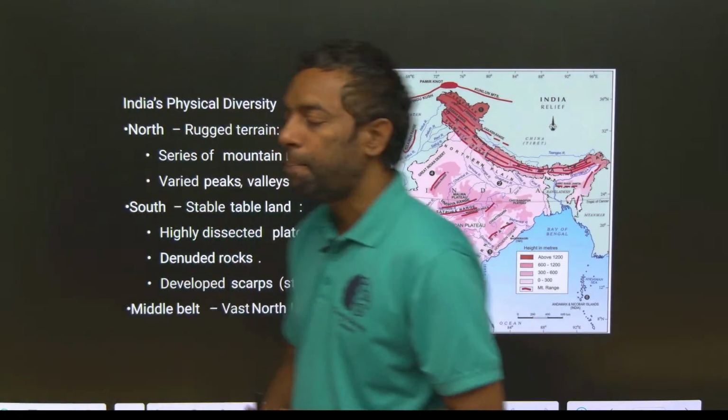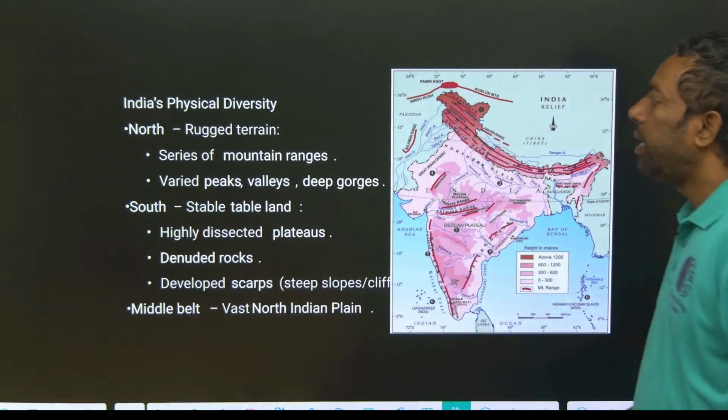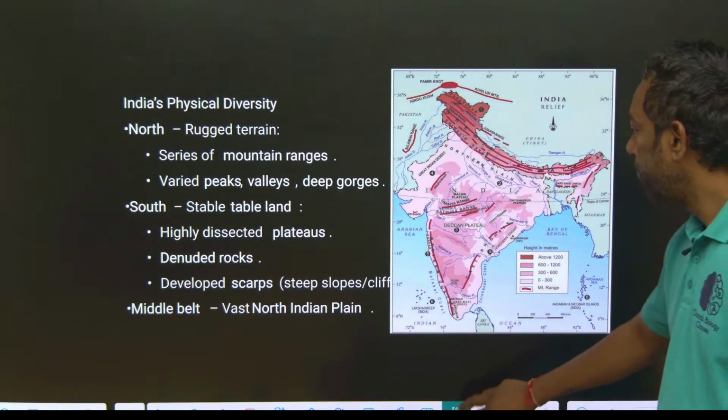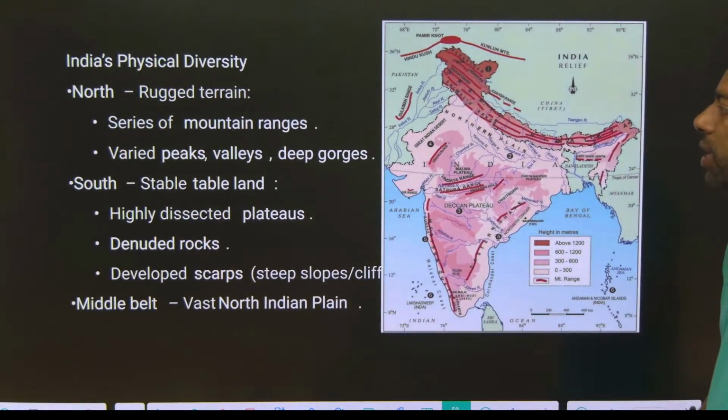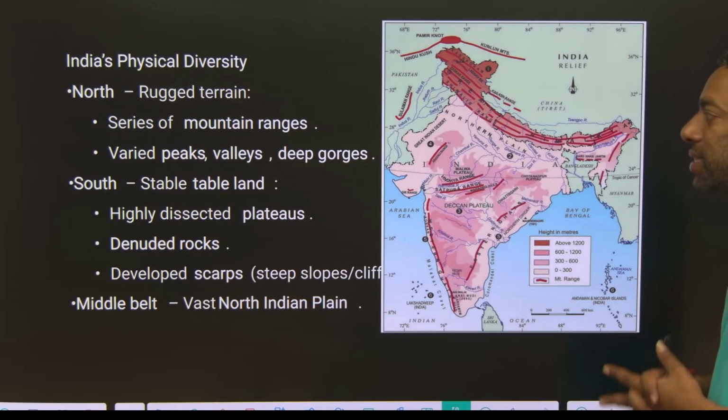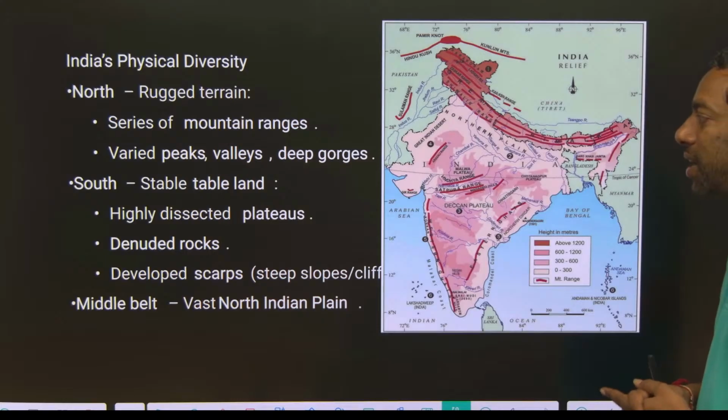Guys, we are going to discuss India's physiographic diversity: north, south and the middle belt. The north has a series of mountain ranges, peaks, valleys and deep gorges. The south is the stable mainland, with plateaus, rocks and developed scarps, and the middle is the vast North Indian plain.